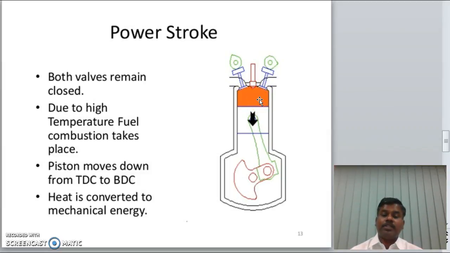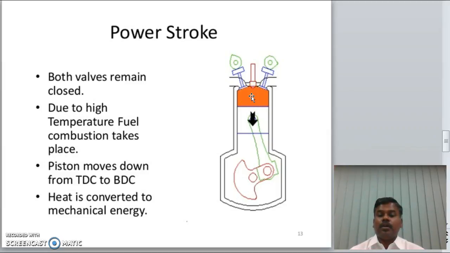The temperature and pressure of the air are very high, and it acts as a supporting atmosphere for the injected fuel. So the diesel gets auto-ignited and burning takes place.